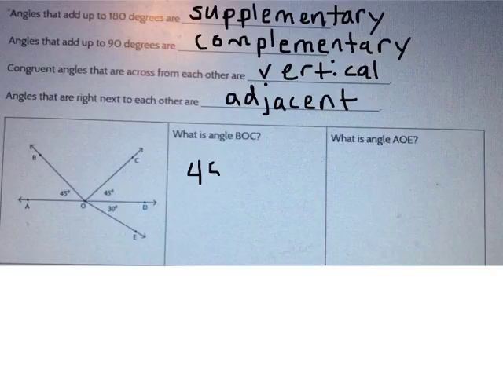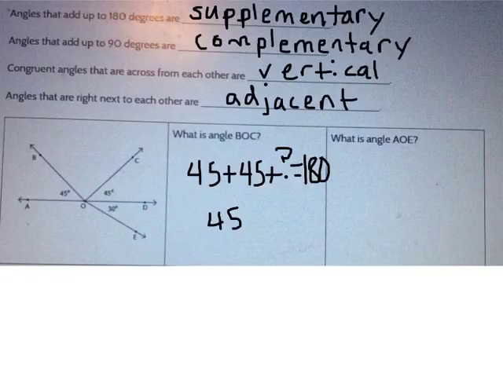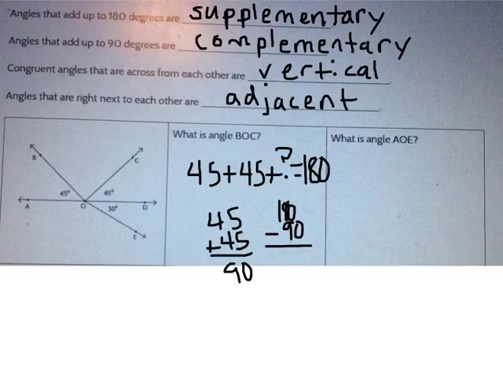So 45 plus 45 plus my missing angle is 180. First, I need to combine 45 and 45. What's 45 plus 45? It's 90. So I know that BOC is equal to 180 minus 90. Go ahead and do that subtraction now. 180 minus 90 is 90. So BOC is worth 90 degrees. It's a right angle.